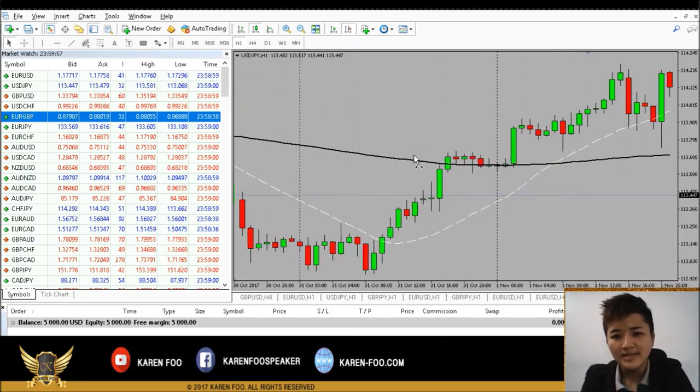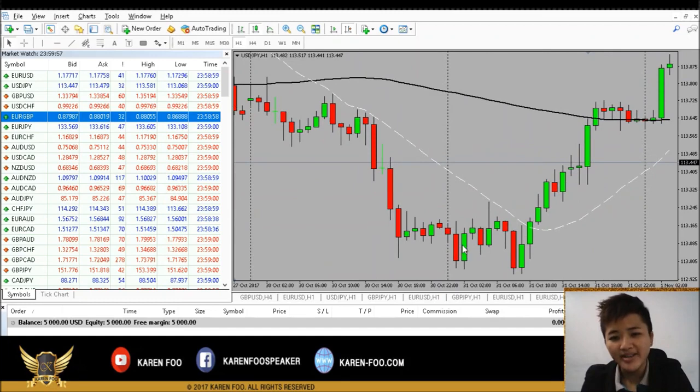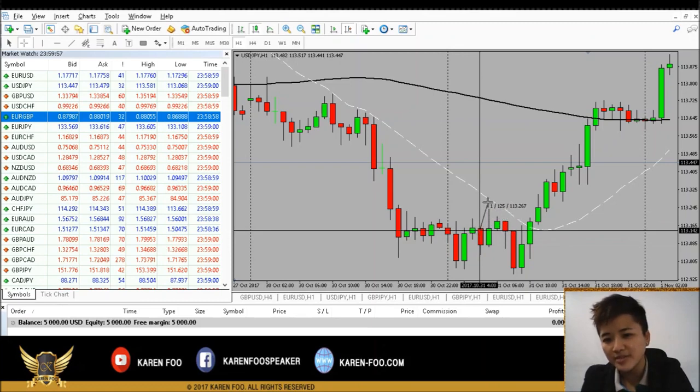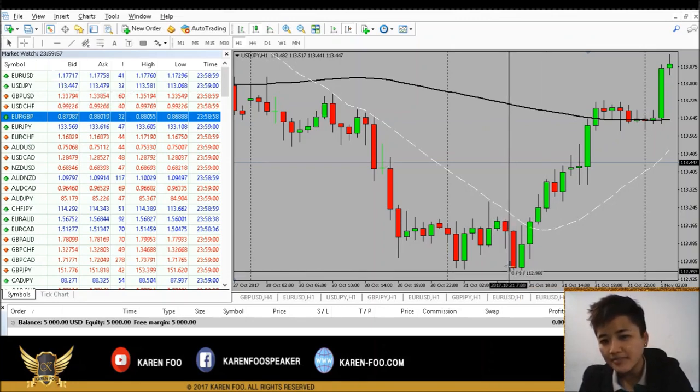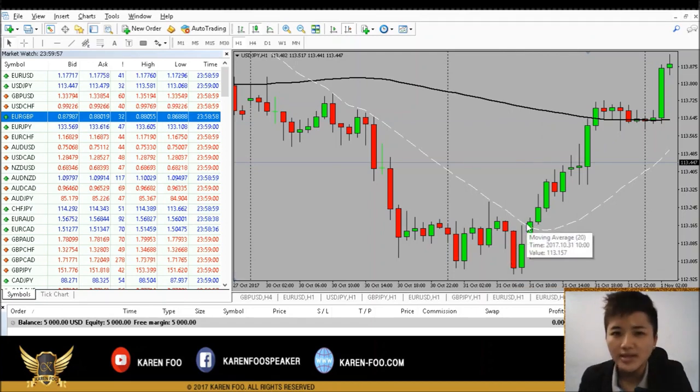Then same thing, you wouldn't want to buy in anticipation that it is going to shoot up to 20 SMA on a bearish trend, because this one's a false signal. It went bullish a little bit, almost touched 20 SMA, but really didn't touch. It's only later on that it came back up and touched 20 SMA.